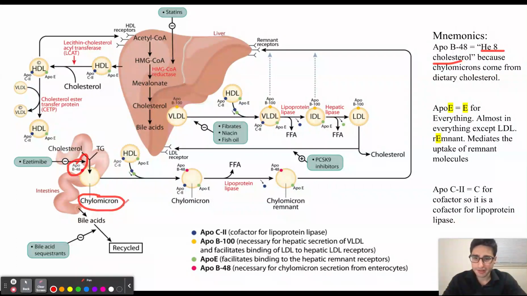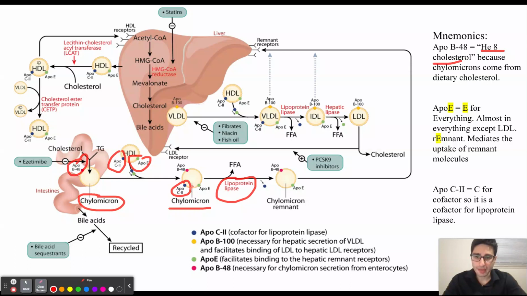Now, once chylomicrons are excreted into blood, they can encounter HDL, and HDL can put ApoC2 and ApoE on the surface of the chylomicron. Now, the function of ApoC2 is that it is a cofactor for lipoprotein lipase.